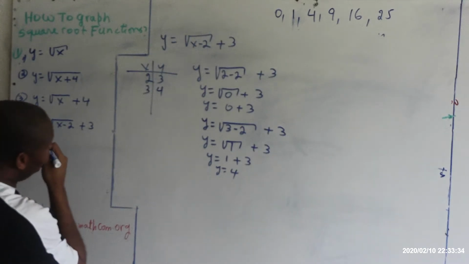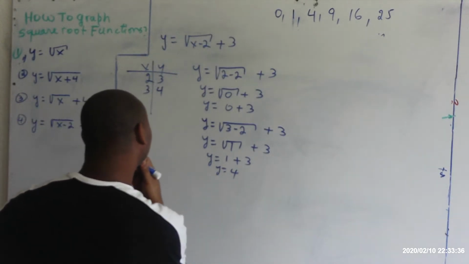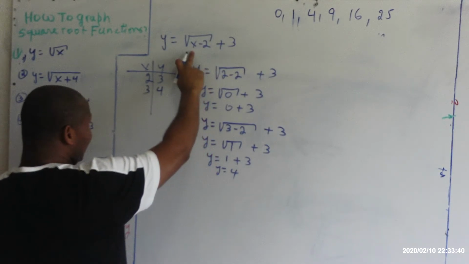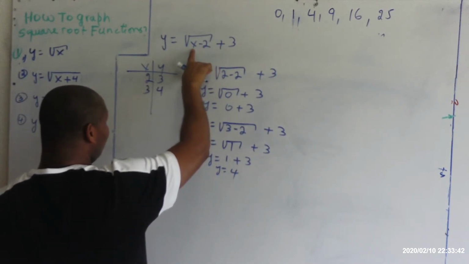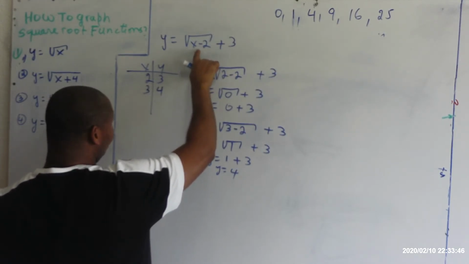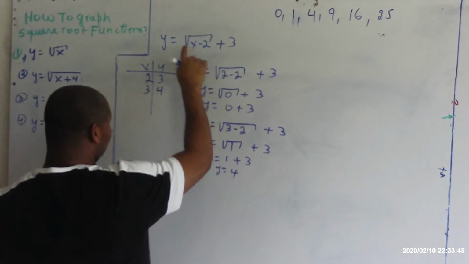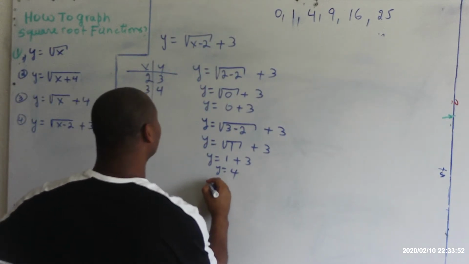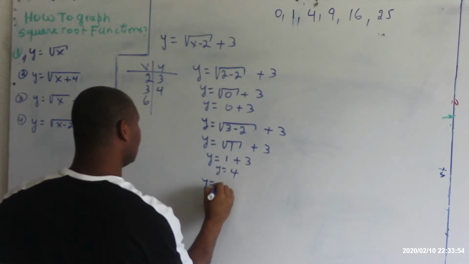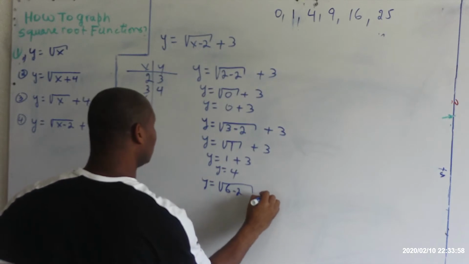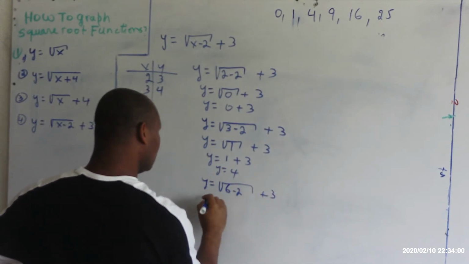So, let's see what number we can plot. Okay, we can plot 6. Look, 6 minus 2 will be 4, because 4 is a perfect square. So, let's plot 6. So, y equals the square root of 6 minus 2, plus 2... plus 3.